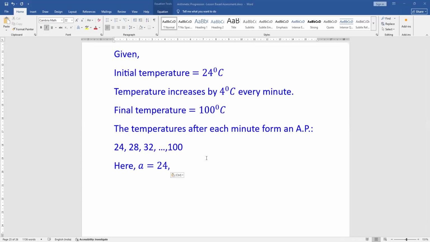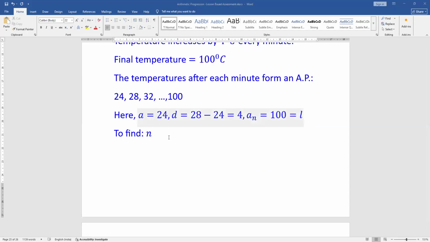Then we have what is d equal to? 28 minus 24, which is equal to 4. Correct? Then the last term. What's the last term here? That is a_n. a_n equals 100, which I can also call it as l. Then what we need to find out? We need to find out n. Correct? So we need to find out n.